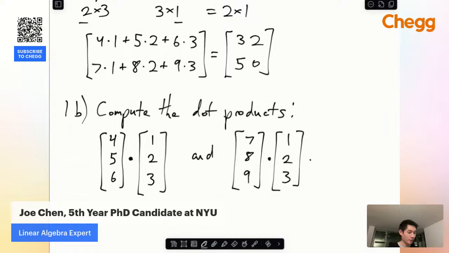We have the vector 4, 5, 6 dot product with the vector 1, 2, 3, and also the vector 7, 8, 9 dot product with 1, 2, 3. I'll give you a second so you can do this on your own first, and if you have the answer, you can also write that in the chat.